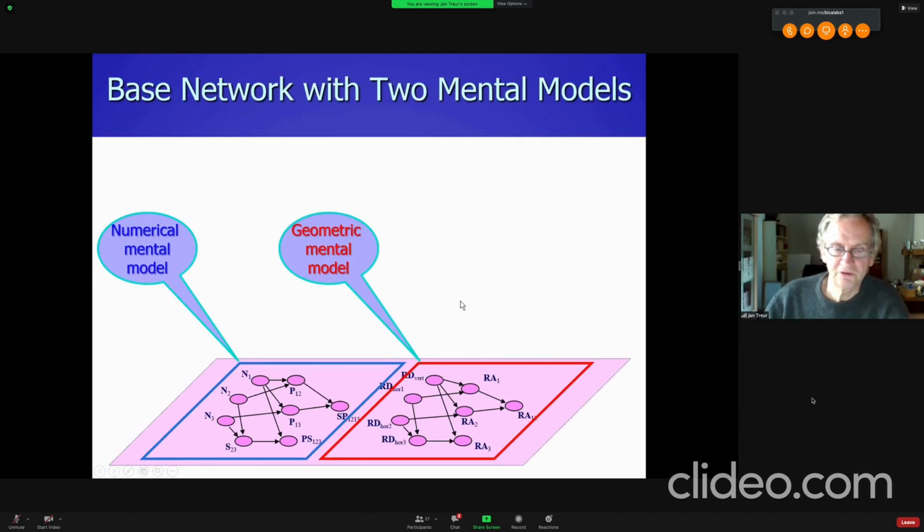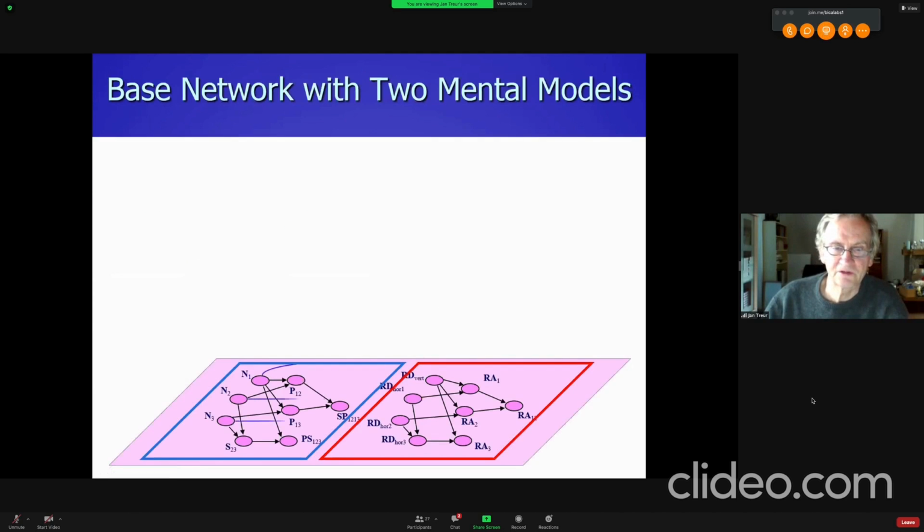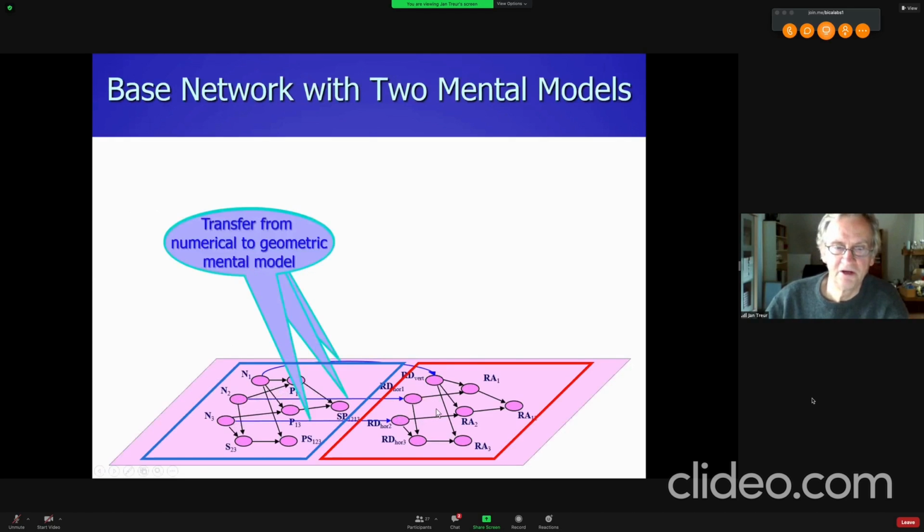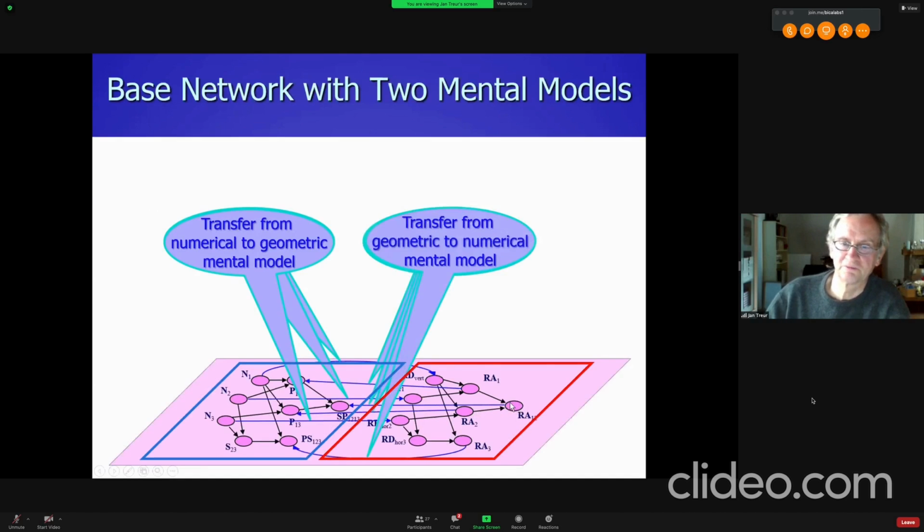So what can we do then? That's the switch between them. If you switch from one to the other, then you transfer the values. These are the numbers, and then you take that as dimensions there. That's the transfer from numerical to geometric, but you can also transfer back after you did some things here and you found out some areas, then you can transfer back.